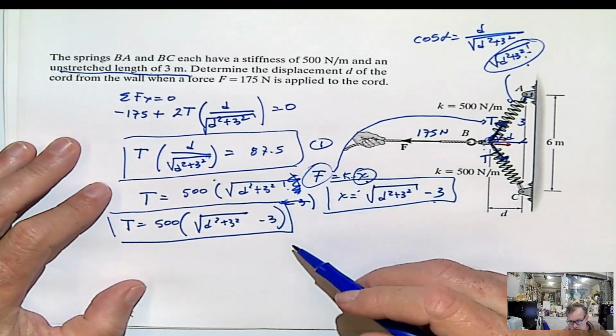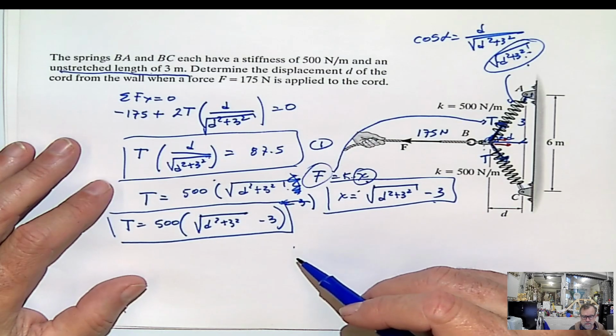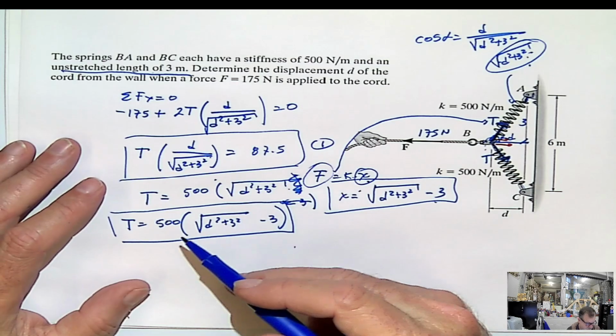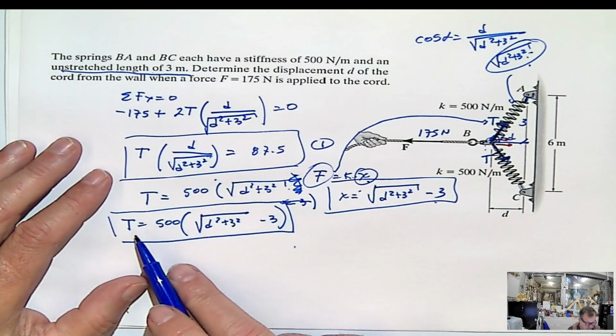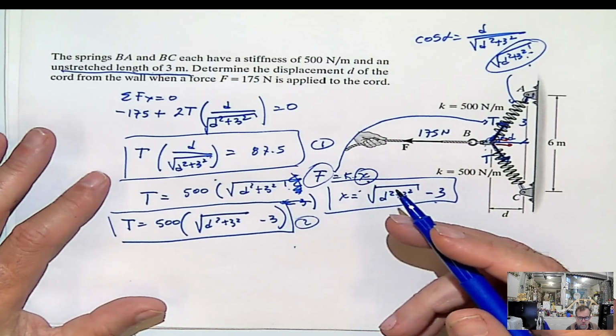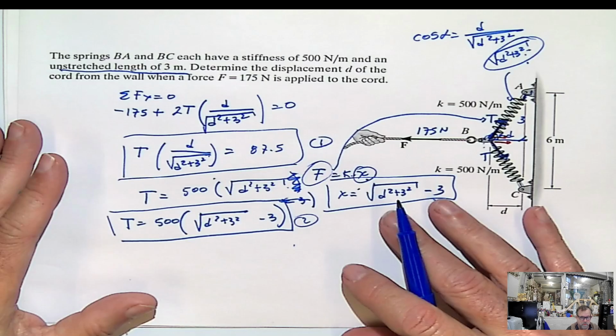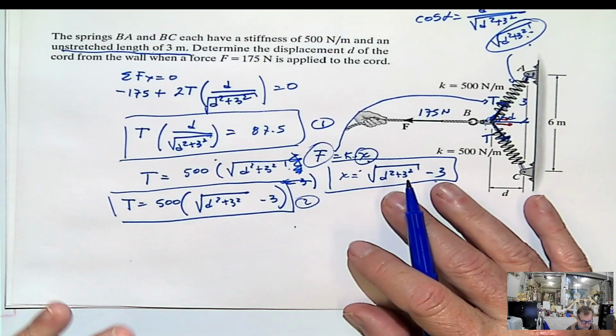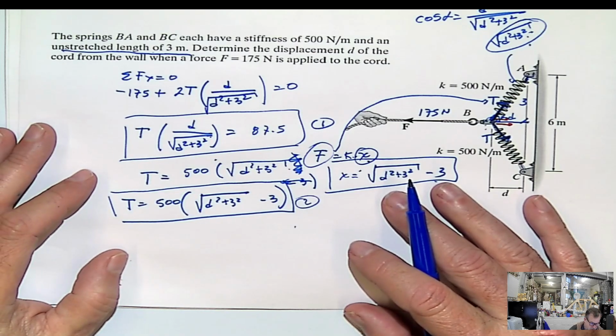Now, as you can see here, we have basically a problem involving two unknowns, T and D, and two equations. So if we can't solve these, it's only due to our lack of ability to solve that, because we could solve that.